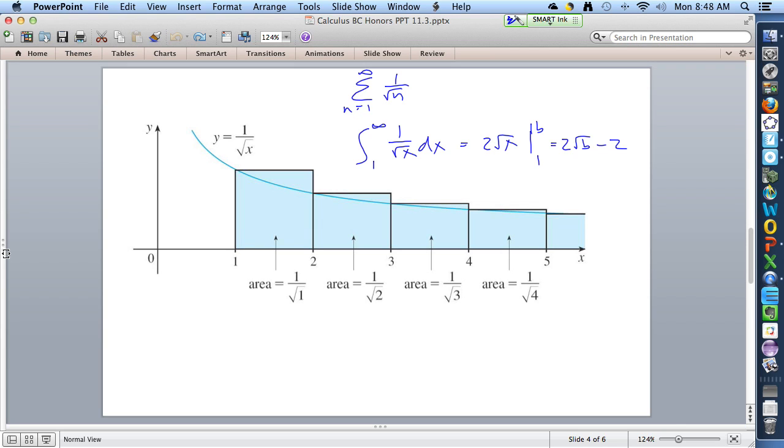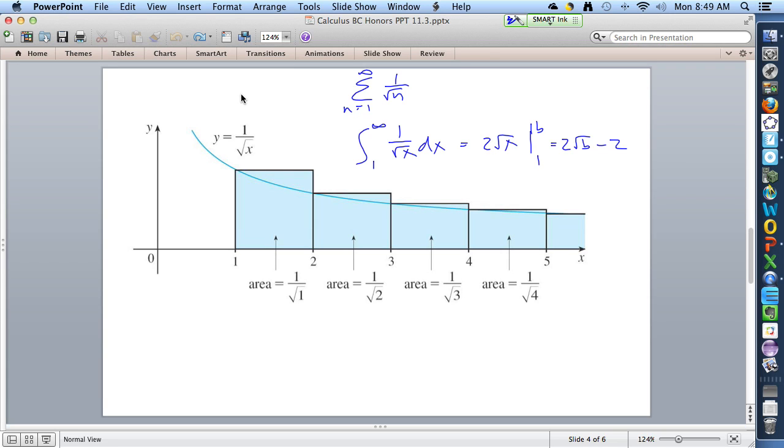I'm not necessarily going to need you to argue it, but I'm going to need you to know that if you have a series that can be represented as an integrable function, you can use the integral test. Again, your series has to be positive and decreasing. And you have to know that.